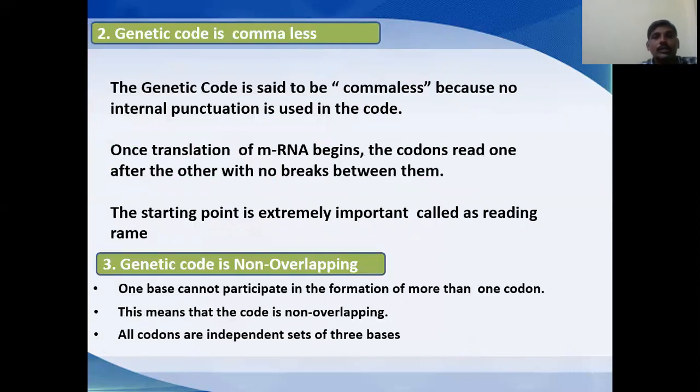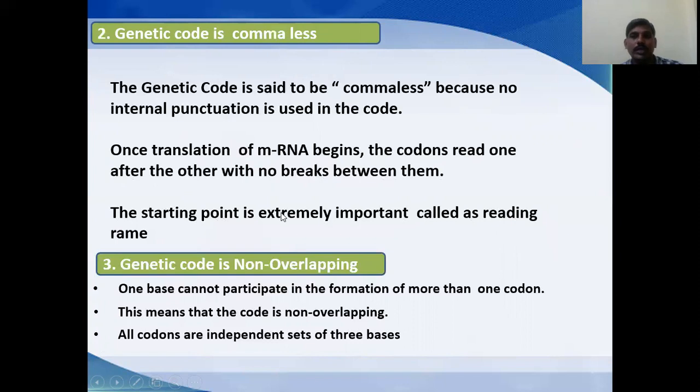So the genetic code is commaless. This is the second property of the genetic code. The genetic code is said to be commaless because no internal punctuation is used in the code. Once translation of mRNA begins, the codons are read one after the other with no breaks between them. The starting point is extremely important, called the reading frame, that is the 5 prime end of the mRNA molecule.